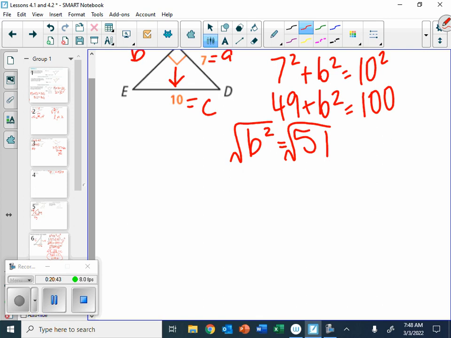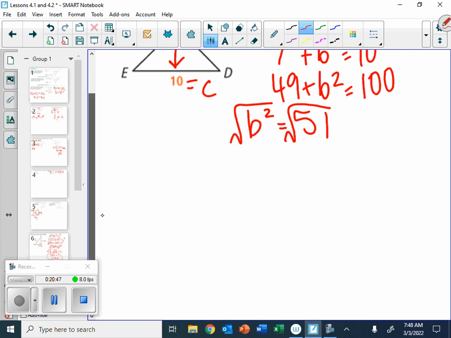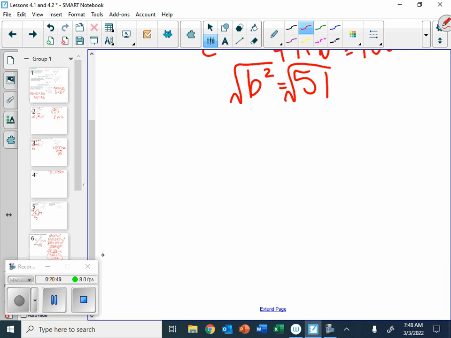Any work? Okay. So if this were asking you to leave it in radical form, your answer would just be the square root of 51. Because there's nothing else I can do with it. That's as simplified as it gets.